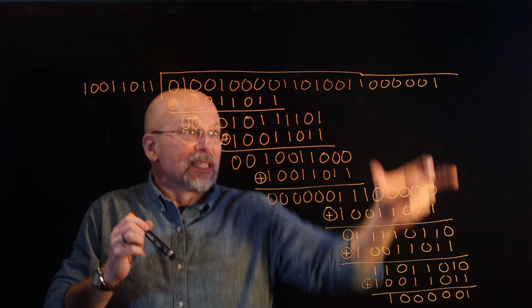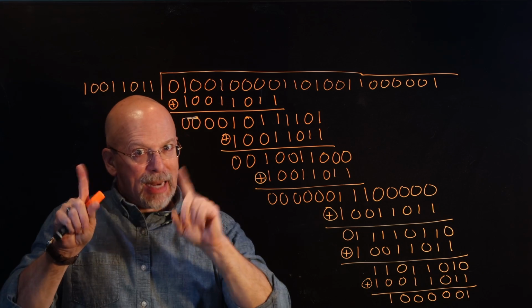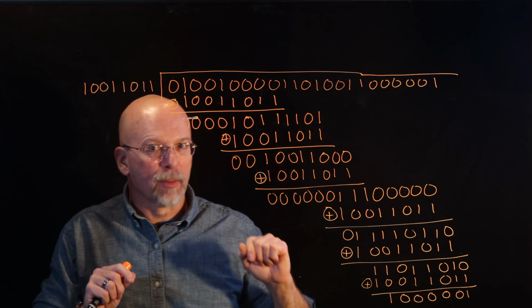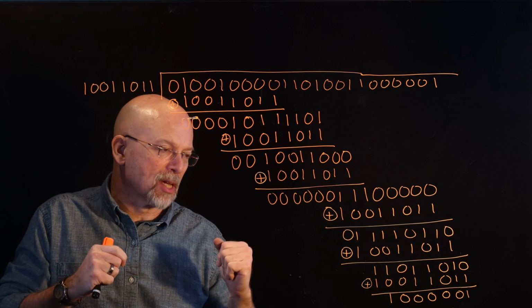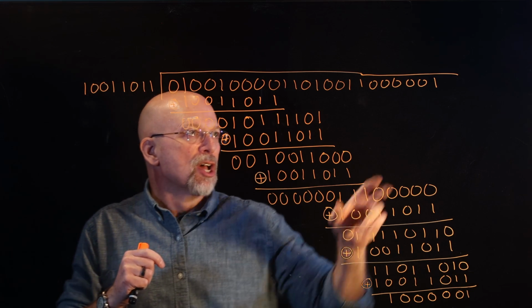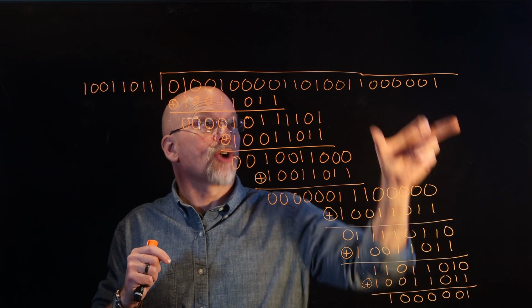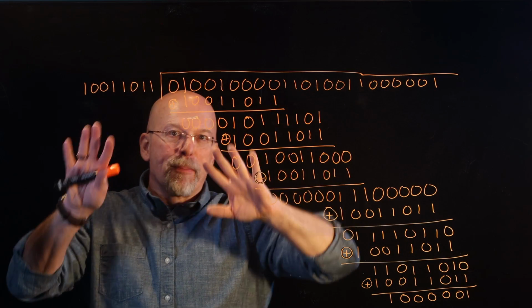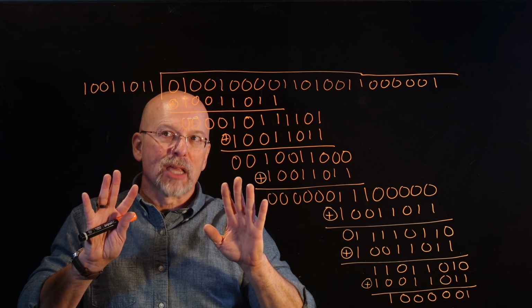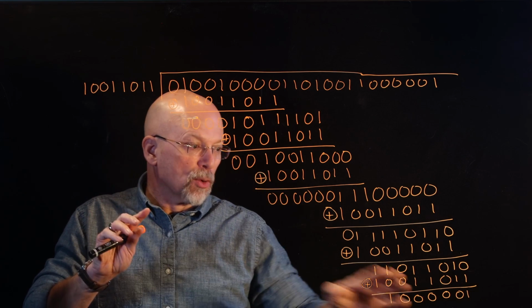All I've done really is I've added it in. Remember, adding is the same as subtracting whenever we're talking about these carryless additions and borrowless subtractions. So really what I've done is I've subtracted this from the dividend. Now, if I perform exactly that same division, we should get a result of 0.